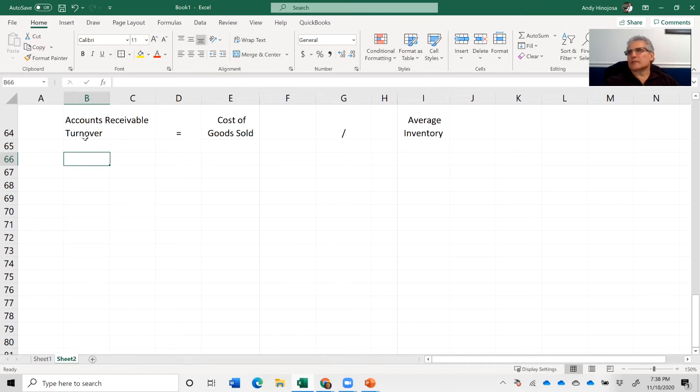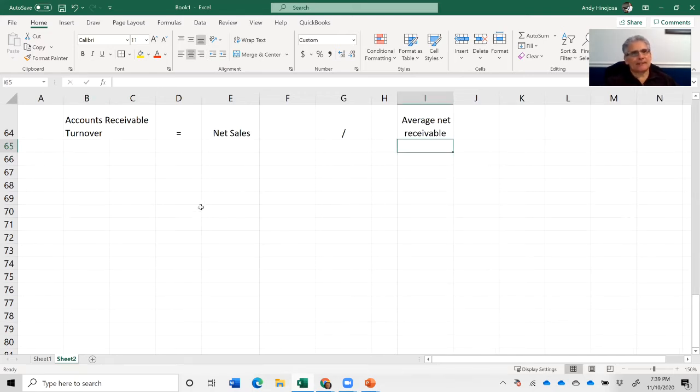This turnover tells us how quickly we're able to collect our cash after we've sold something. So this is a good way to measure how well our collections department is working. Generally speaking, the higher the number, the better. Accounts receivable turnover rate tells us how quickly we are collecting cash from credit customers. Generally speaking, the higher the better, and it tells us how many times during the year our average receivables are turned into cash.